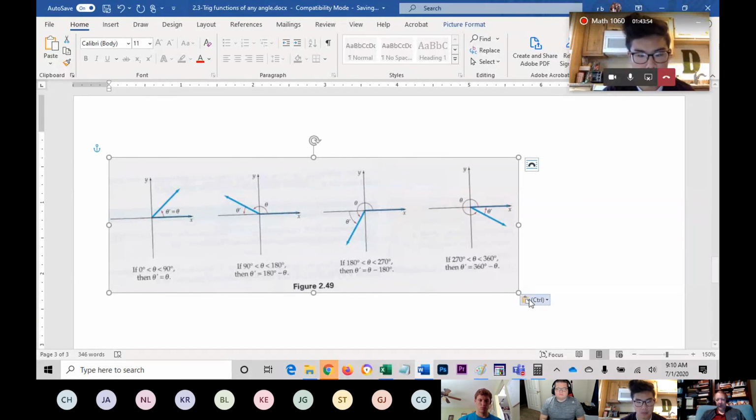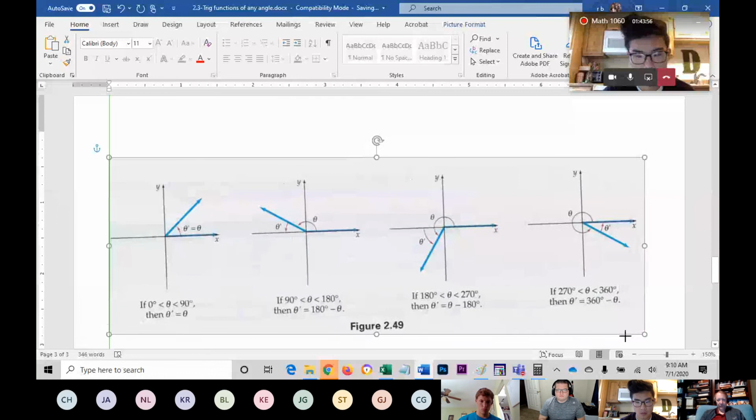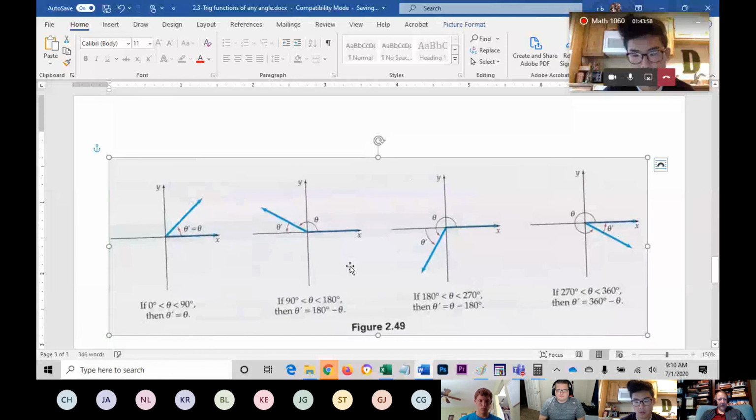So let me make this a little bit bigger. Remember, theta prime equals theta if you're in quadrant 1. So if your theta is between 0 and 90 degrees, then your theta prime equals your theta, and you're in quadrant 1.